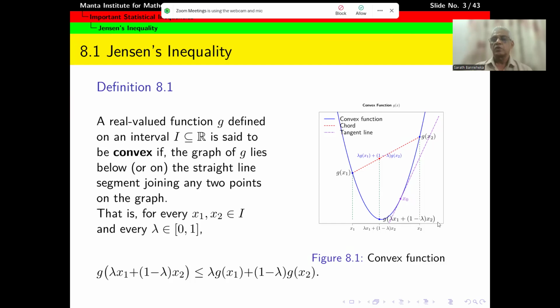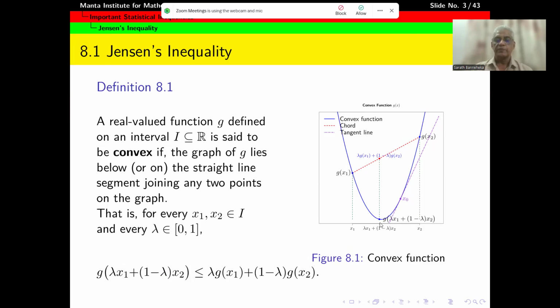Right? So a convex function can be mathematically defined as a function that satisfies this condition for every x1, x2 in the concerned interval I, and every lambda in the interval zero to one. So, for example, if you consider lambda changing between 0 and 1, this point will be changing from here to here.